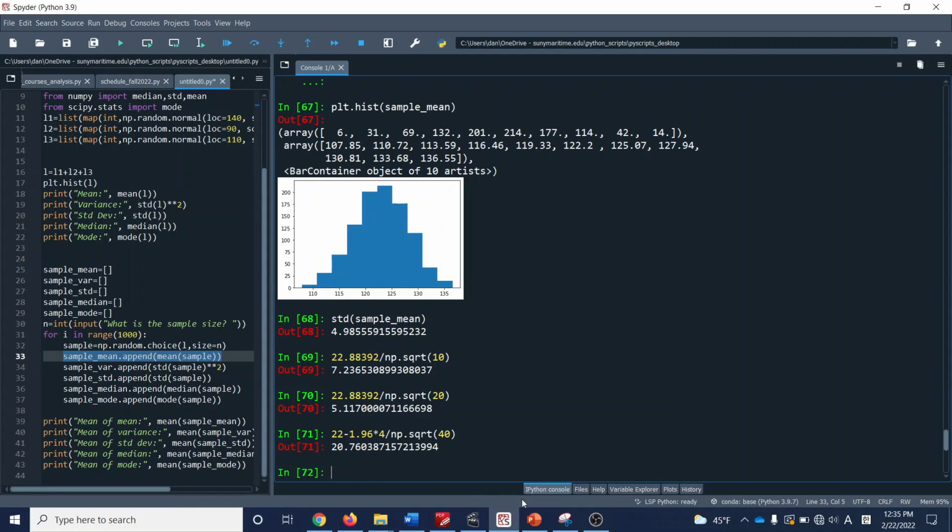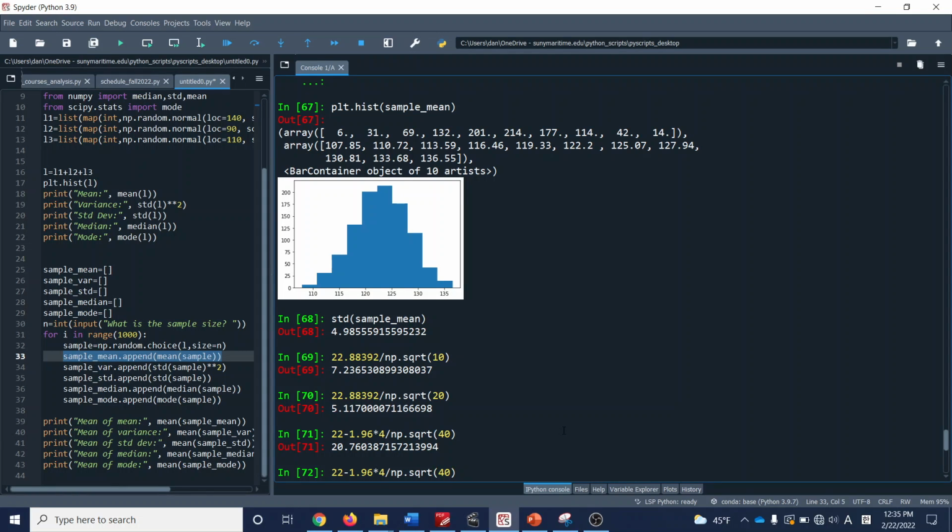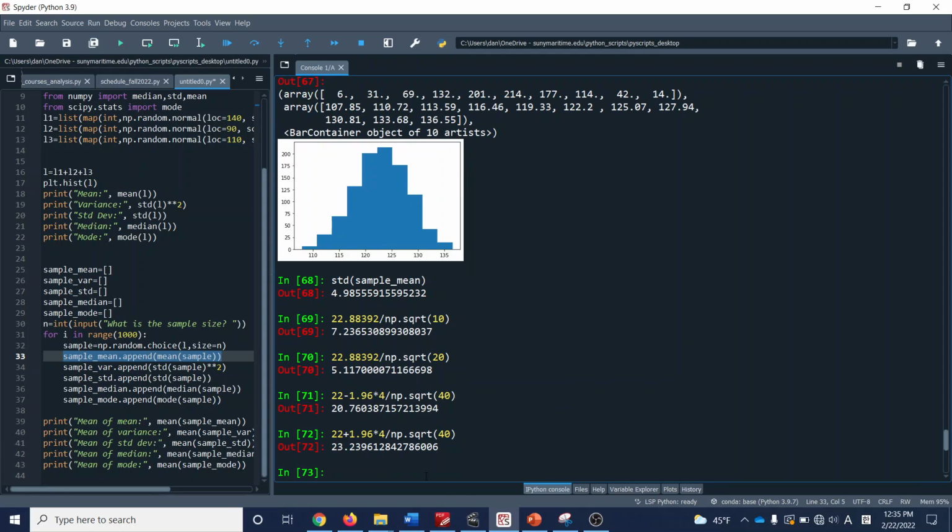That's 20.76. And let's do the other one, the plus one. If I add it, I get 23.24.